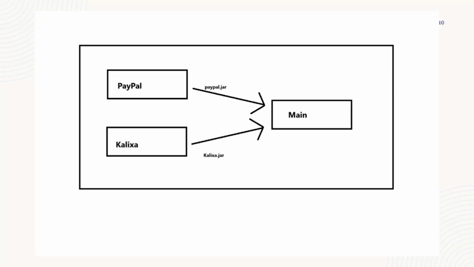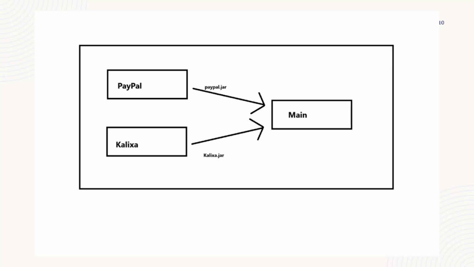This layer is responsible for selecting the appropriate provider based on factors like user choice, currency, or transaction fees, and routing the transaction accordingly. The main module would use the PayPal jar file and Calixta jar file as needed, calling specific functions within those jar files to complete a payment process.